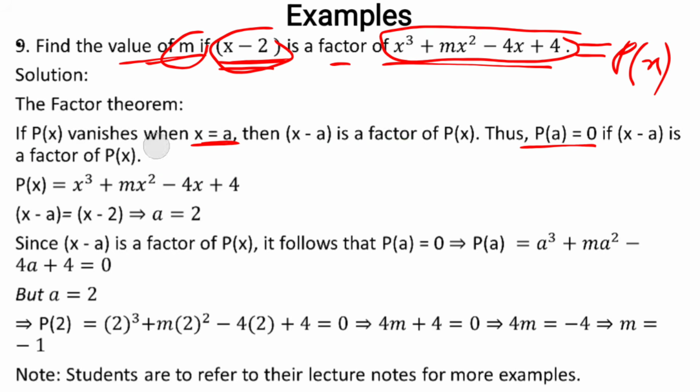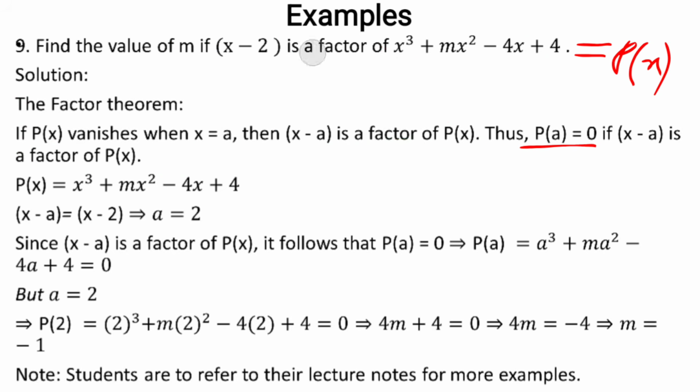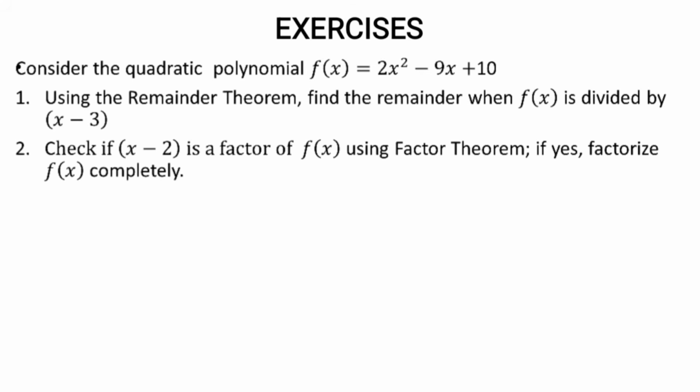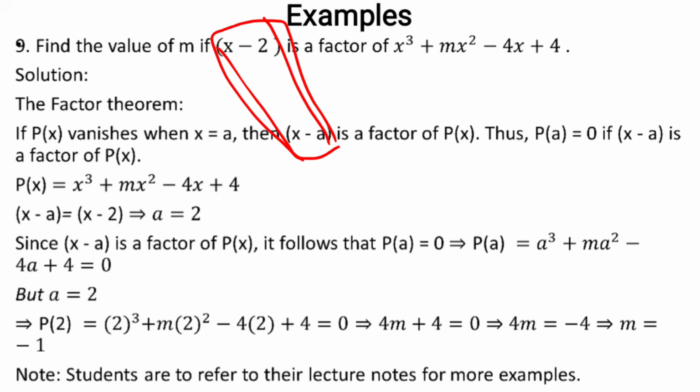The theorem allows us to link all we're doing together and find a possible solution. So this is our factor. This is x, and both of them are the same. There's a minus sign here and a minus sign here. So a will just be 2. Okay, so we found a. a is 2.